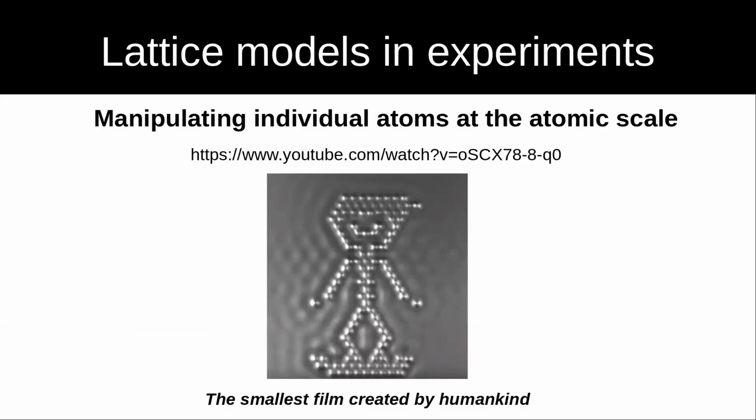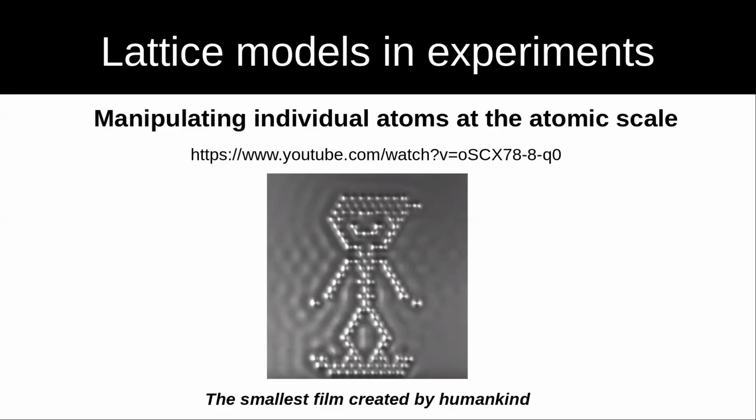Okay, so of course, many of these models may look like, let's say, maybe not realistic or not very relevant for materials, but what is important to note is that these models with a few sites, they can actually be done in the experiment, and they can be done very, very efficiently using scanning tunneling microscopy. And in particular, there's a very famous example, which is actually a movie that was built by moving atoms on a surface.